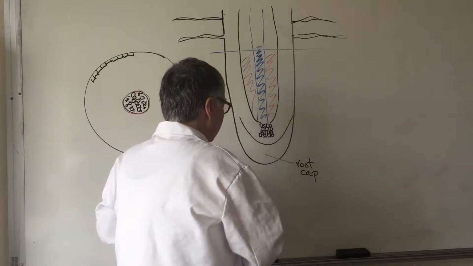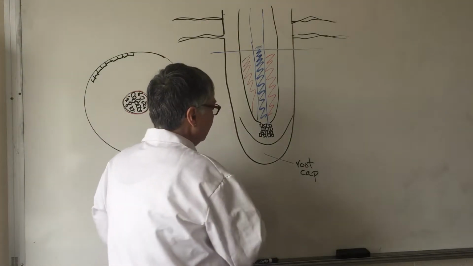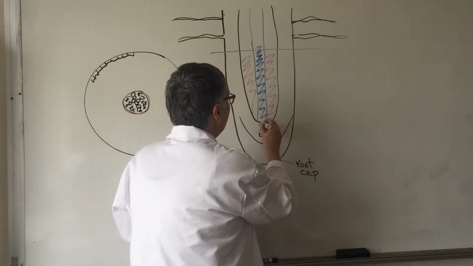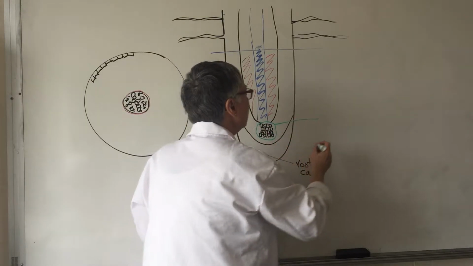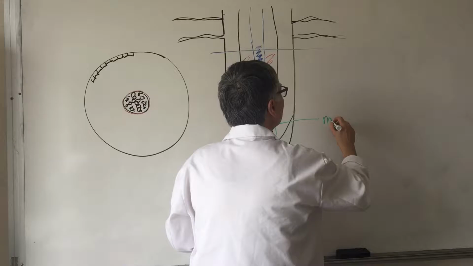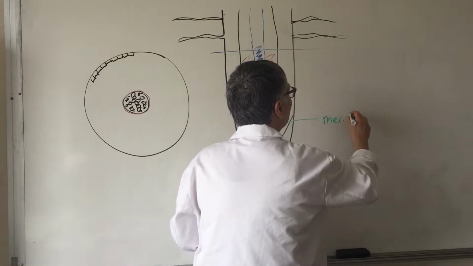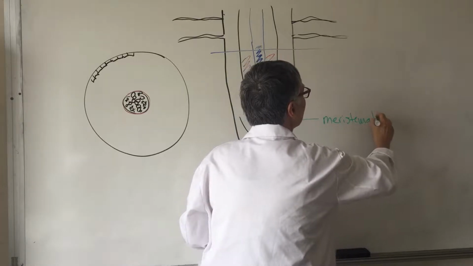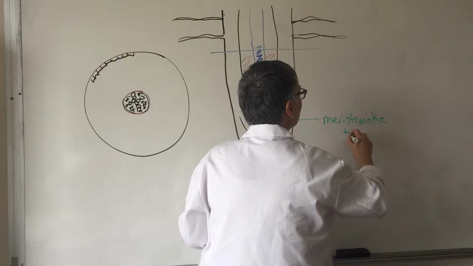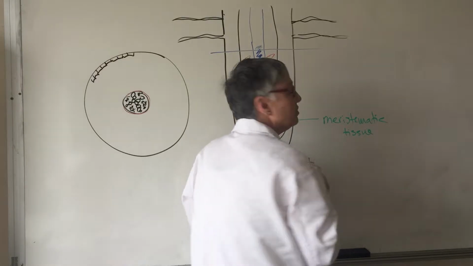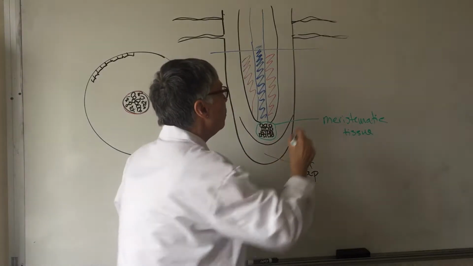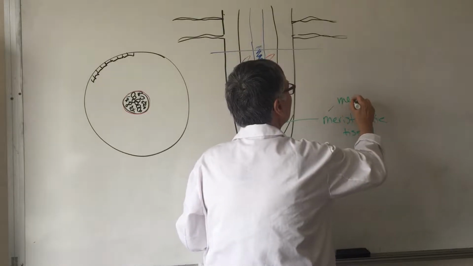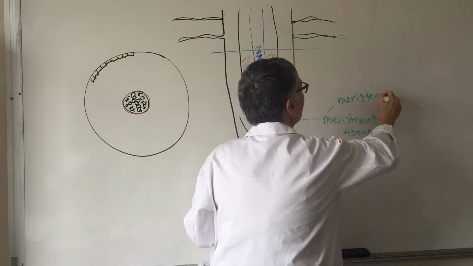There's a cluster of cells just behind the root cap that are very special cells. These are called meristematic tissue, or sometimes it's just referred to as a meristem.